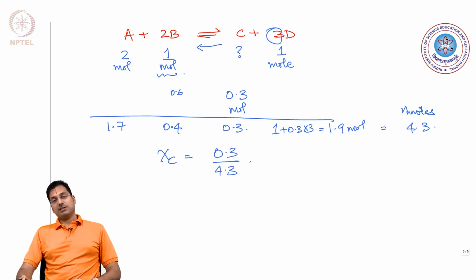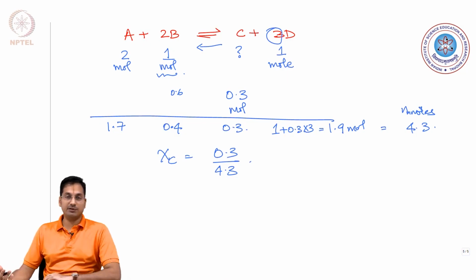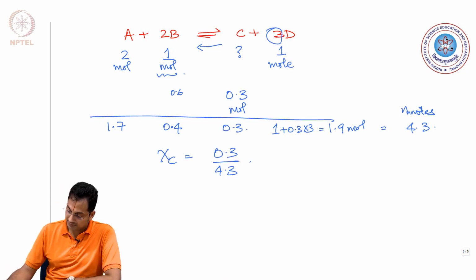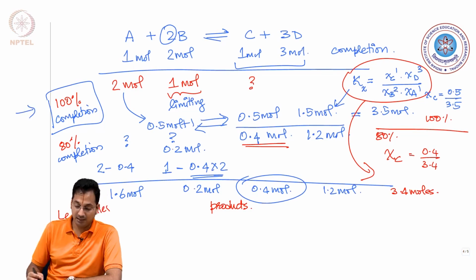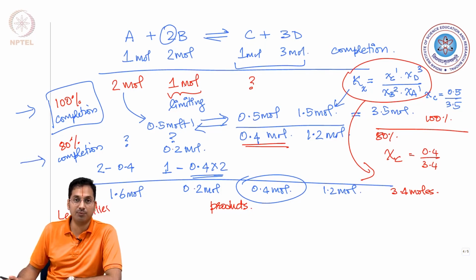What you are able to realize once again in these examples is that the equilibrium constant helps you understand how much of the reaction goes forward, and in these 3 different conditions, where in condition 1 you assumed 100% completion with non-stoichiometric amounts of reactants, and with 80% completion, once again similar non-stoichiometric amounts, you are able to realize the equilibrium constant defined by K chi is different from one another.